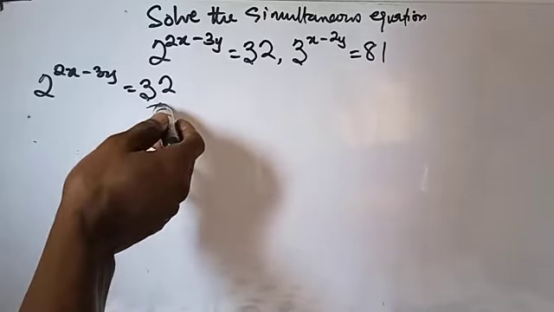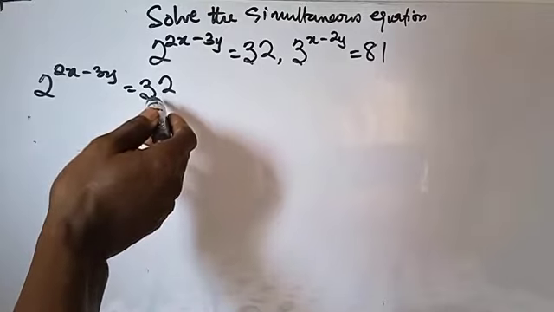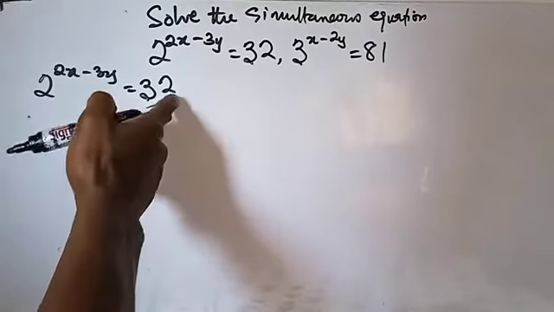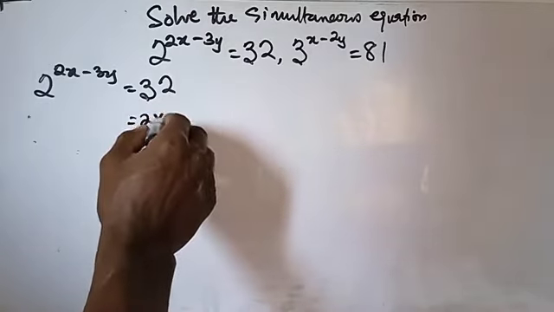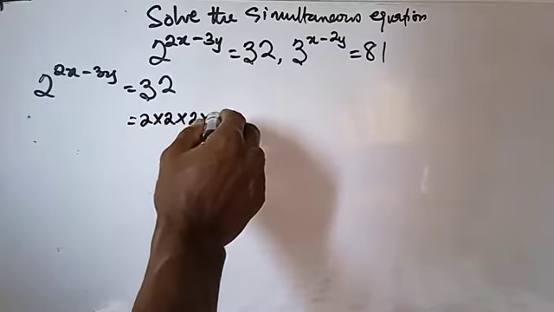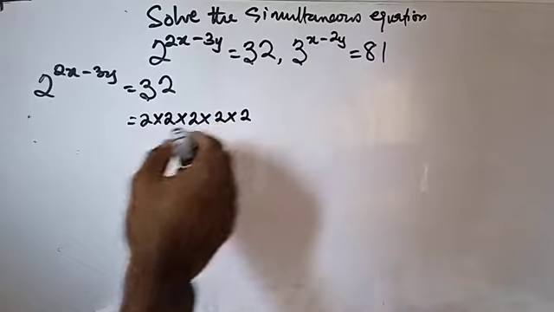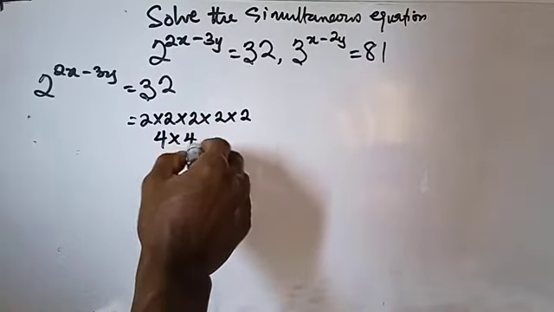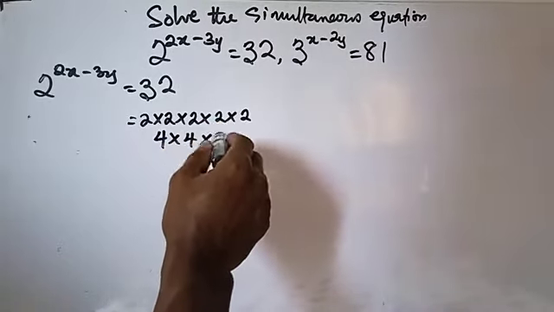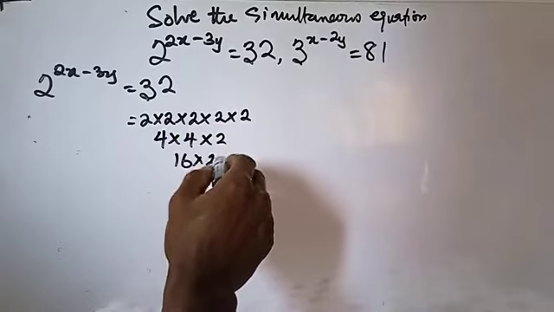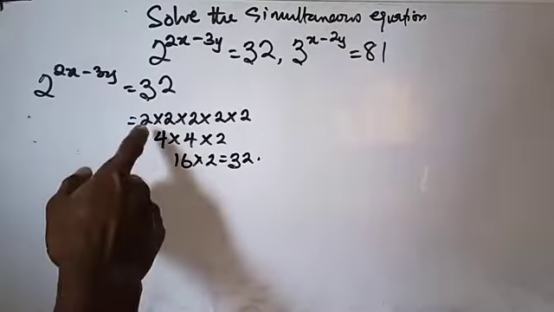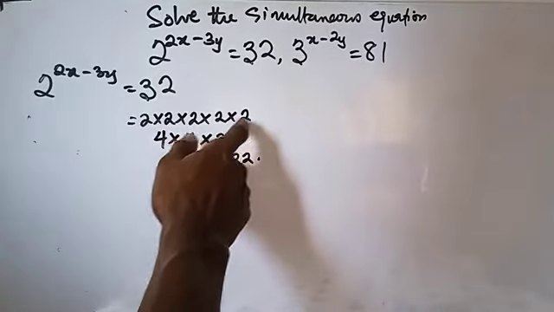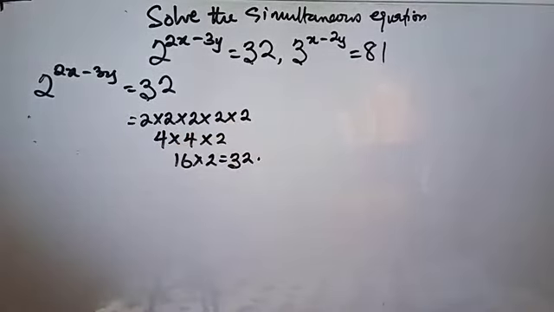In normal sense, this should give you 2 times 2 times 2 times 2 times 2, which is 4 times 4 times 2, which is 16, times 2, which is 32. So this is how many? 1 2 3 4 5. So this is 2 raised to the power 5.